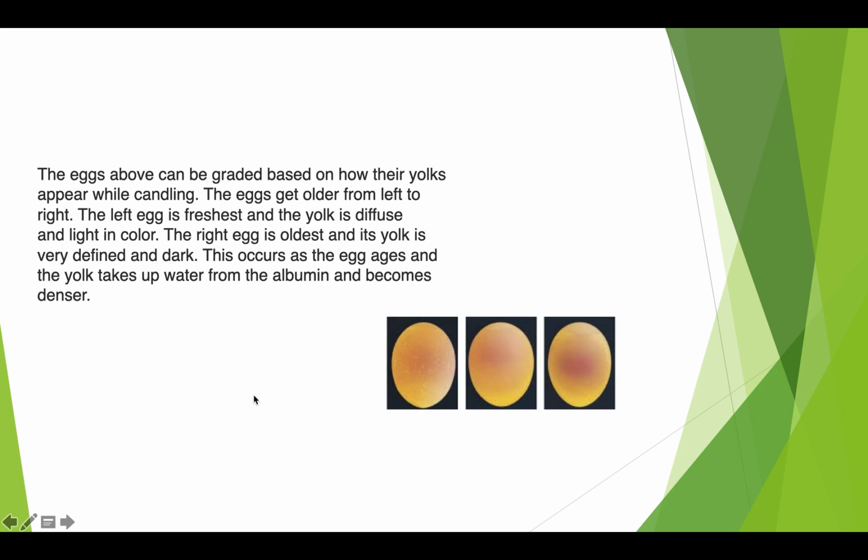The left egg is freshest and the yolk is diffused and light in color. The right egg is oldest and its yolk is very defined and dark. This occurs as the egg ages and the yolk takes up water from the albumin and becomes denser.